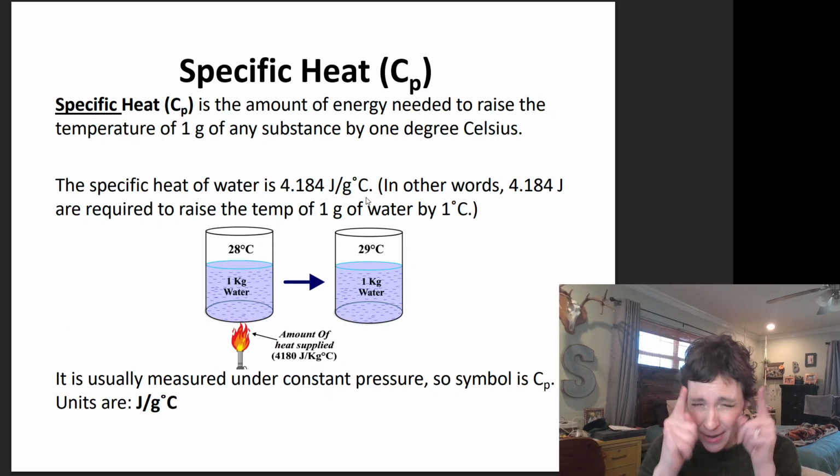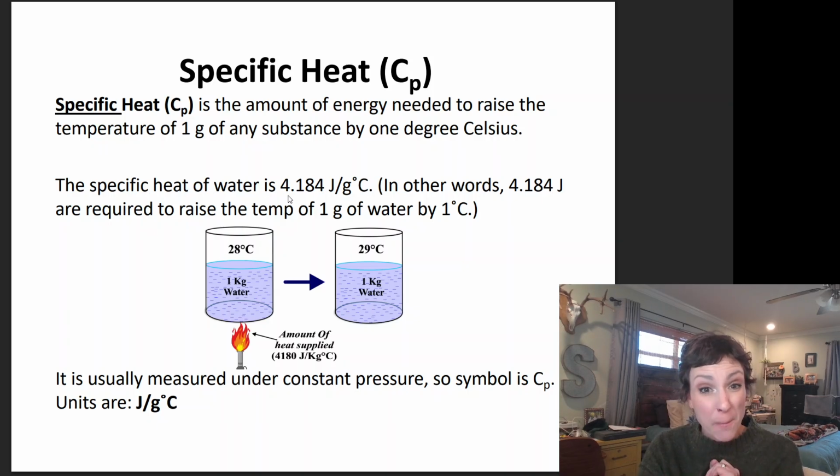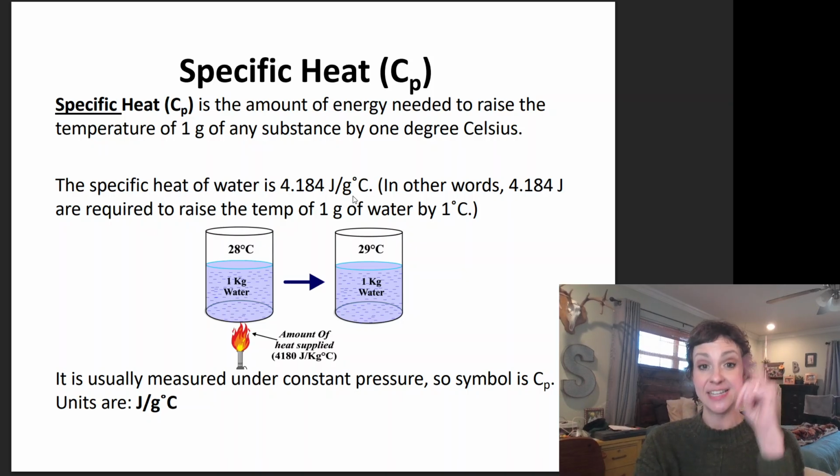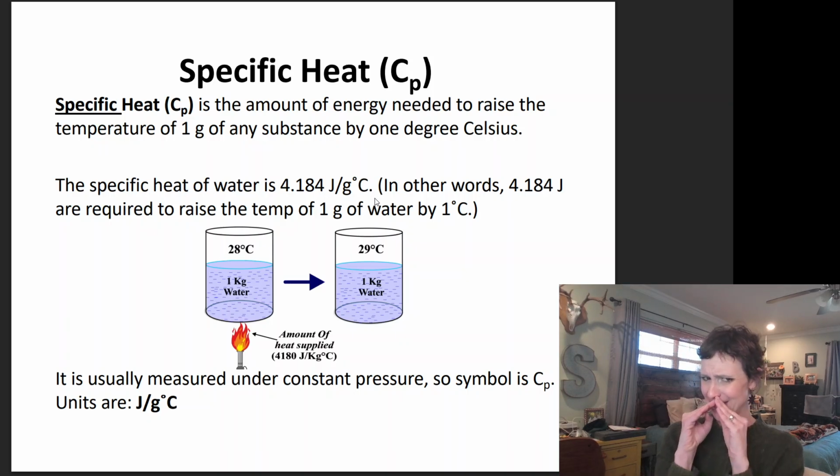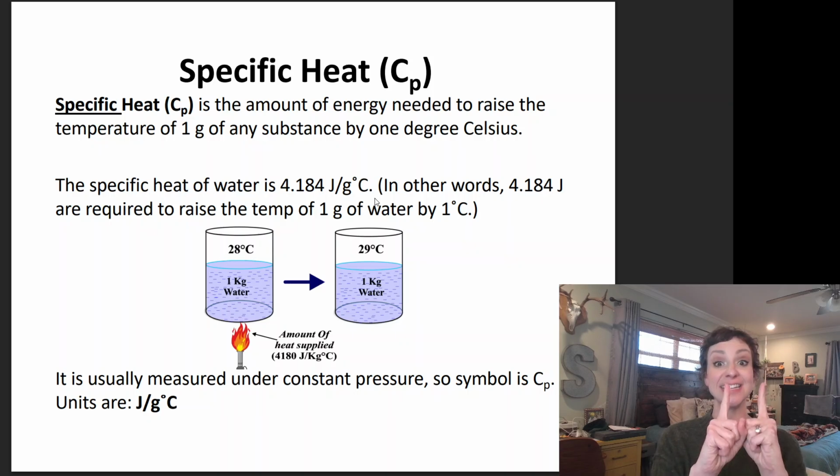By definition, and by looking at this number, this means that it takes 4.184 joules to raise the temperature of 1 gram of water up by 1 degree Celsius. So now I can kind of see how those units of specific heat give me the definition. It's how many joules are required to heat up a gram by 1 degree Celsius. So that's why you see those units on the bottom.